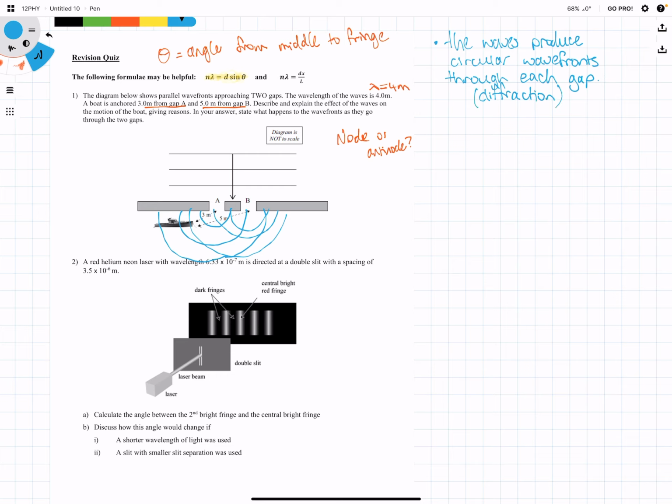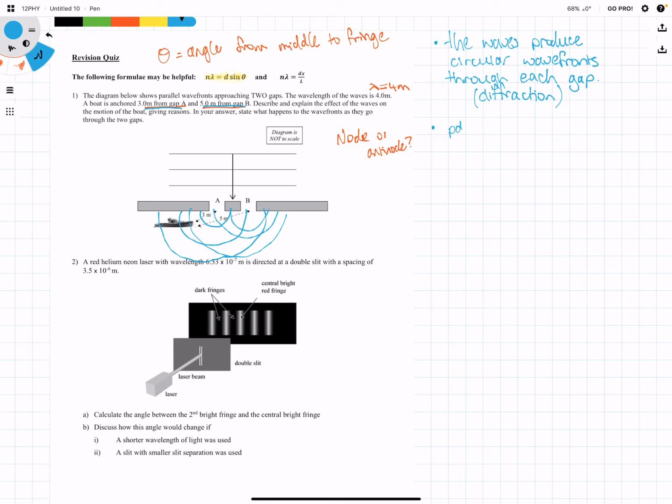It's diffraction. Now, they give us this information up here, 3 meters from A and 5 meters from B. That's the boat's position. So, what's the path difference? The path difference is simply one subtracted by the other.